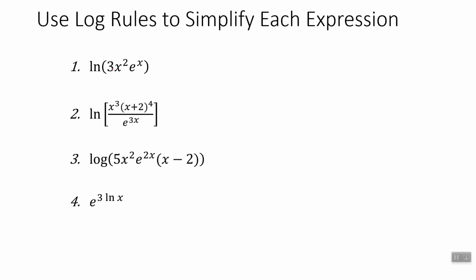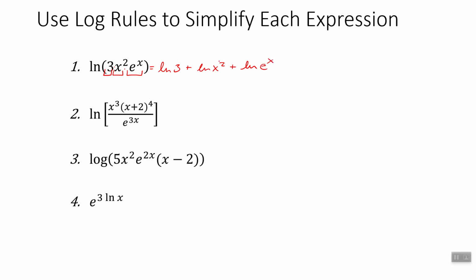So we just want to try and simplify this guy. We can group these two things together and this one, or we can say that these are three separate guys: this is 1, the x squared is 1, e to the x is 1. We are multiplying in here, so that means we would be adding between the separate logs. So we'd say this is ln of 3 plus the ln of x squared plus the ln of e to the x.